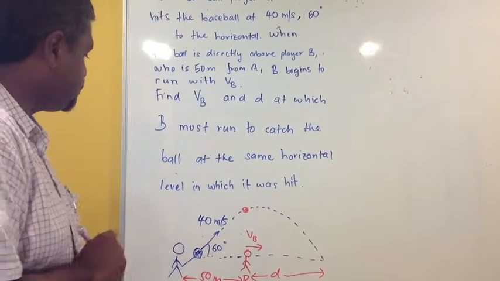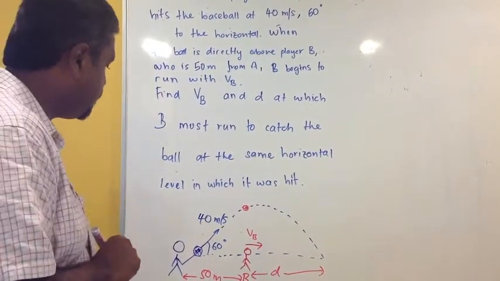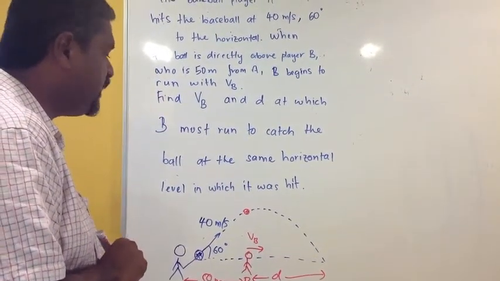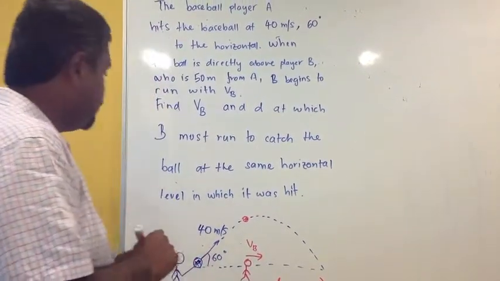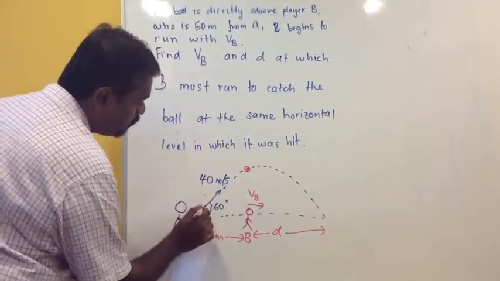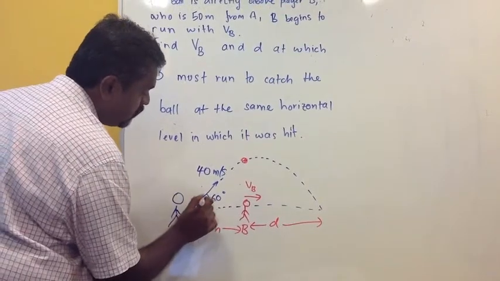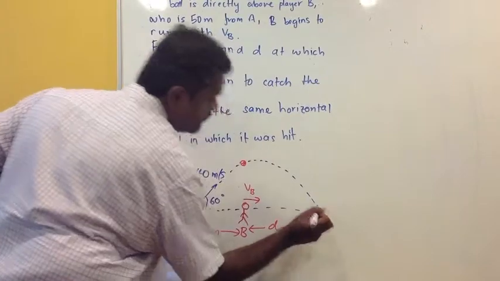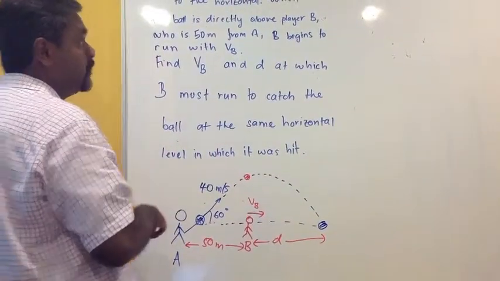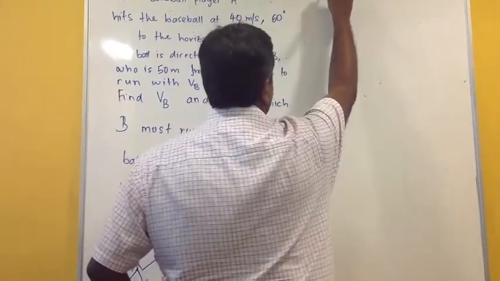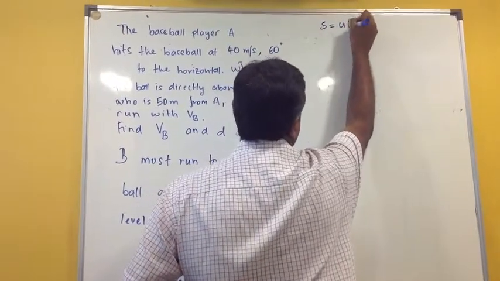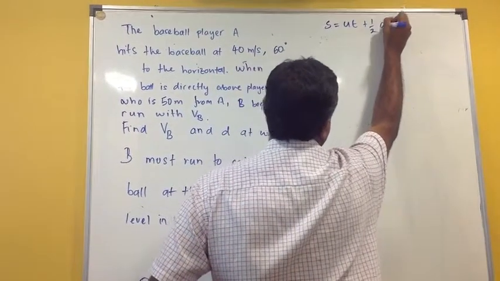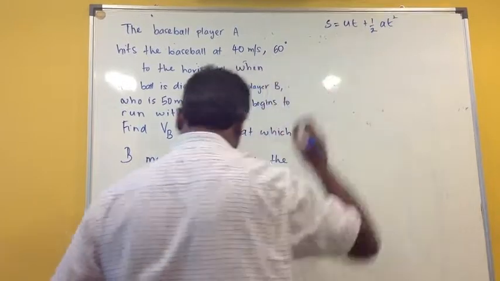Okay, to find this, let us examine this question first by finding out the total time of flight that it would take for the ball to go from here, launched, follow the path and land here. Let's find the total time of flight. To do this, we will start by saying S equals ut plus half at squared.